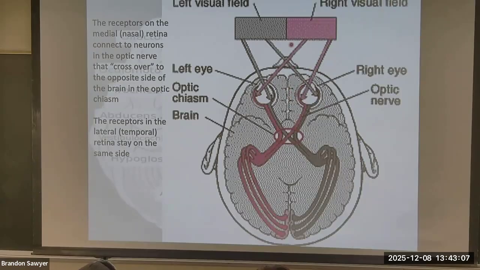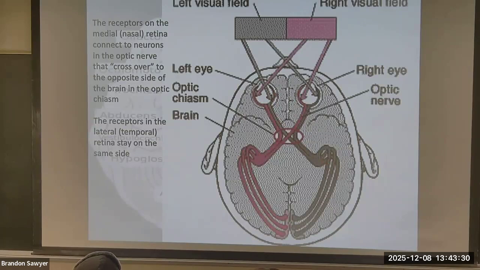And then it's also going to come into this eye, but it's not going to come in and make a U-turn and go over here. It's going to come in and hit the lateral side of this retina, okay? And the reason this is important is because the medial side of each of our retinas, those neurons cross over through the optic chiasm and go to the other side of the brain.